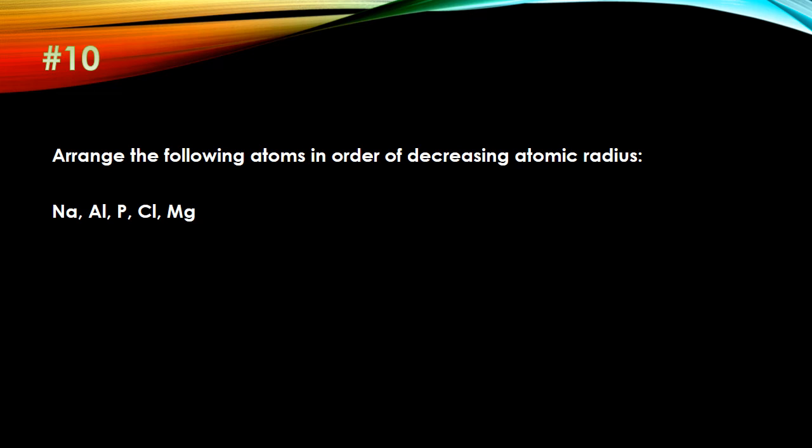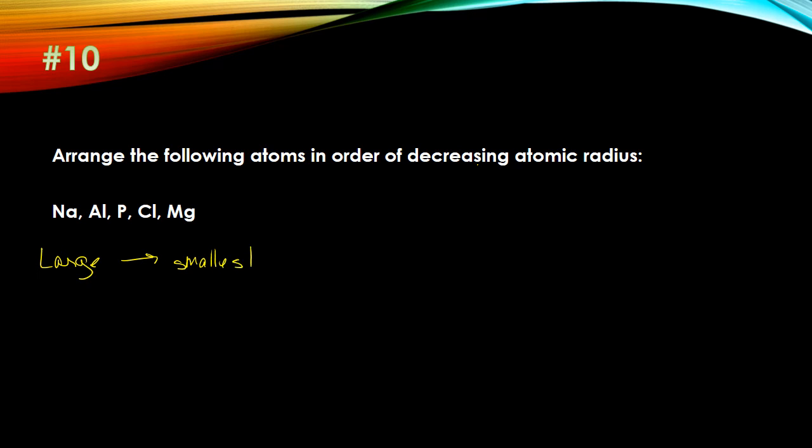Arrange the following atoms in order of decreasing atomic radius. Okay, these kinds of questions tend to throw students, so let me give you a tip on how to answer it. So we want decreasing. That means we're going to go from the largest to smallest.